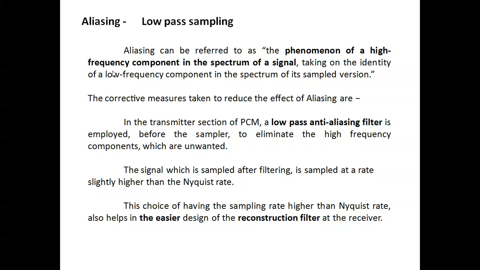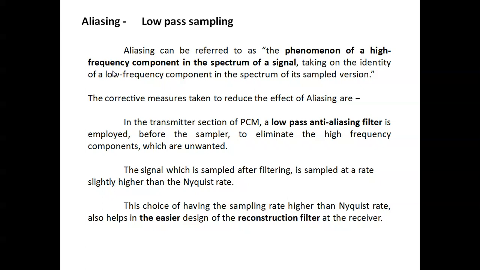It eliminates the high frequency component and allows the low frequency component, which reduces the aliasing effect. A sampling rate higher than the Nyquist rate also helps make the design of the reconstruction filter at the receiver easier. That is very important.